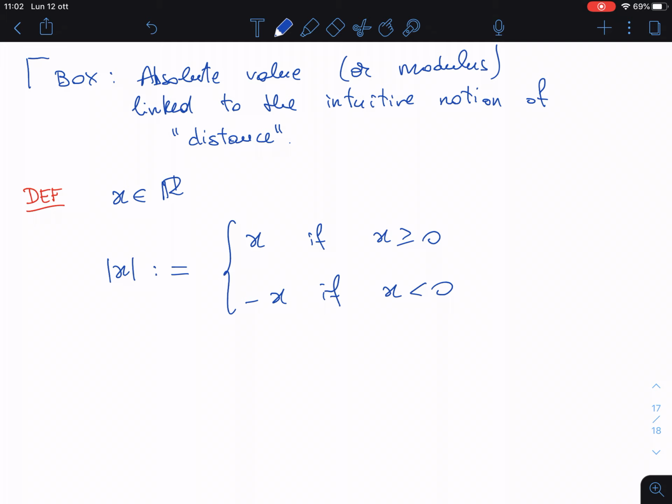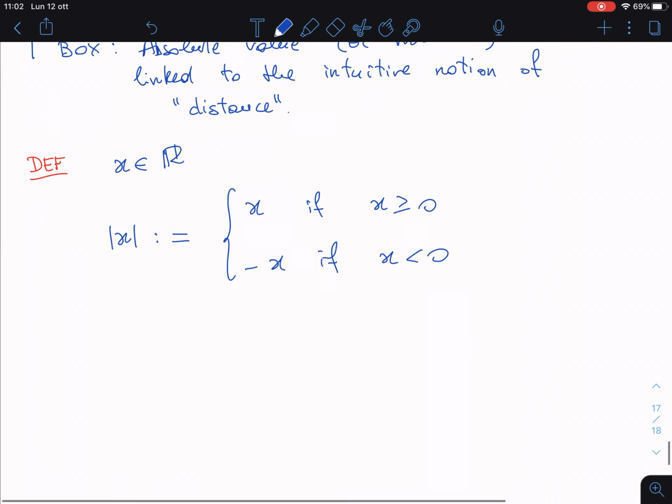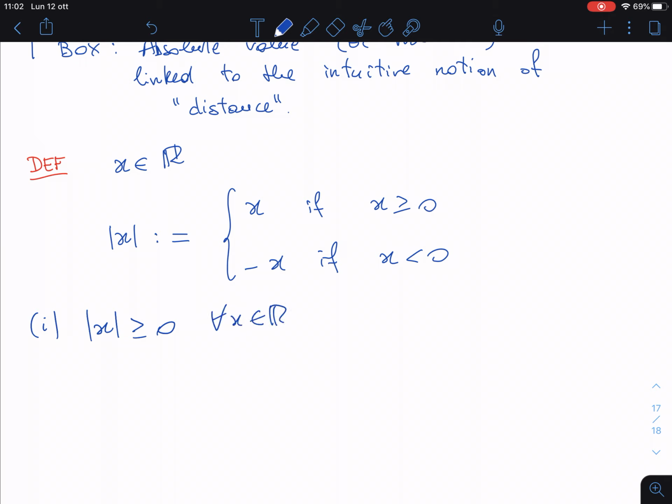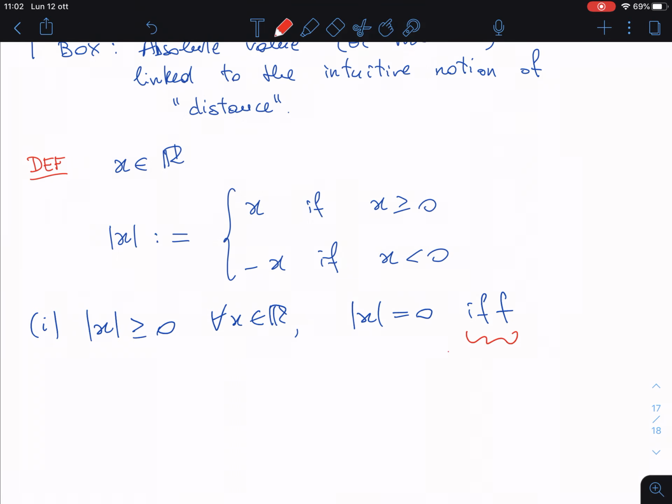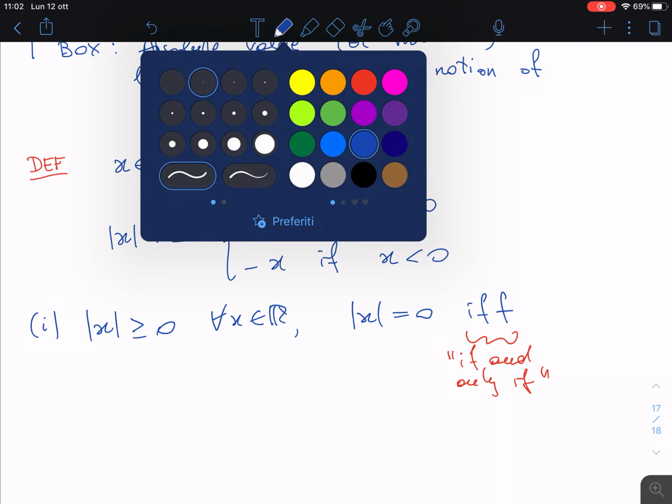Okay? So in particular, you have that first, the absolute value of x is larger or equal to 0 for every x in R, and the absolute value of x is equal to 0 if and only if, this is a short way of writing if and only if, x is equal to 0.